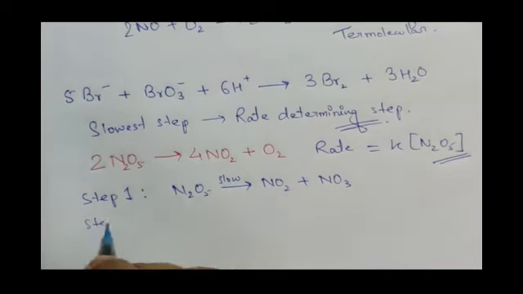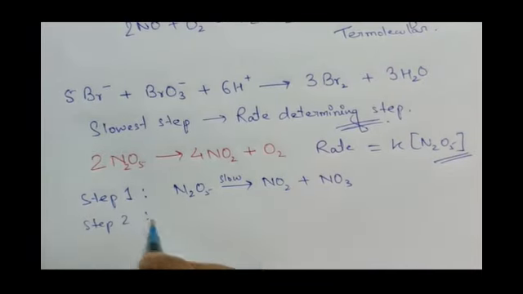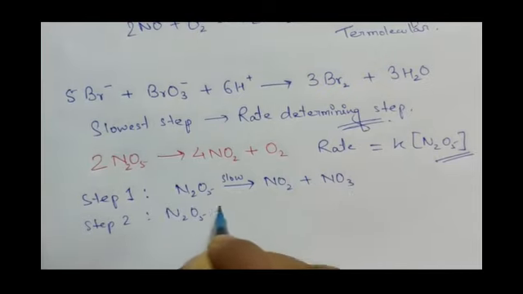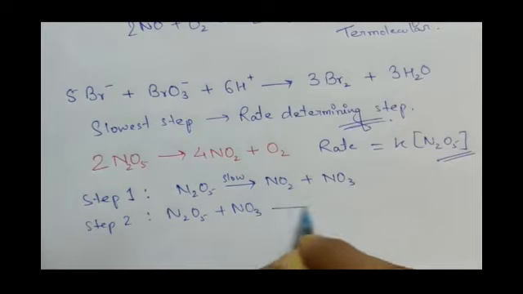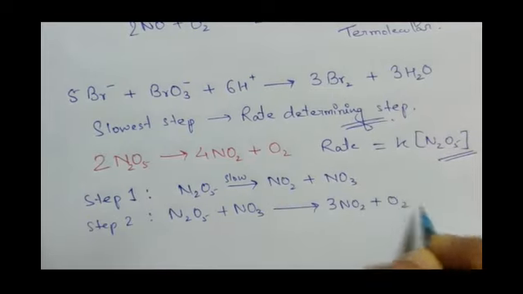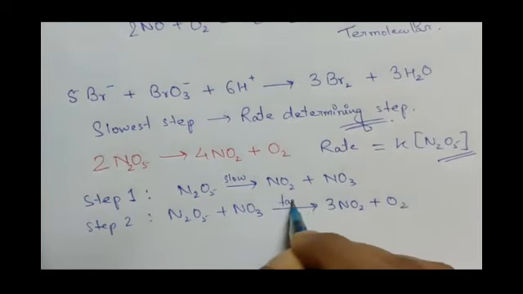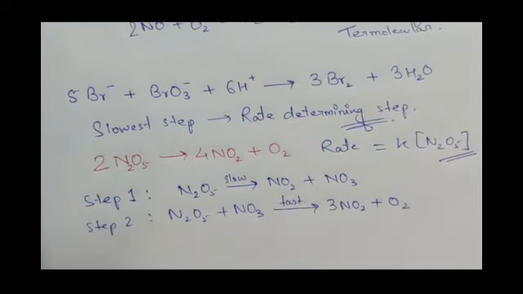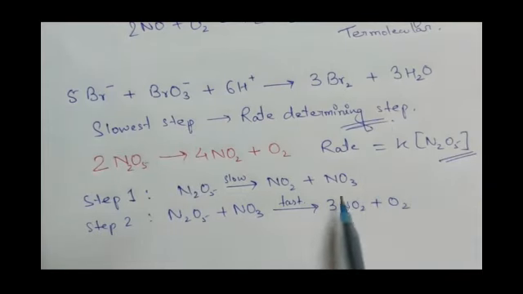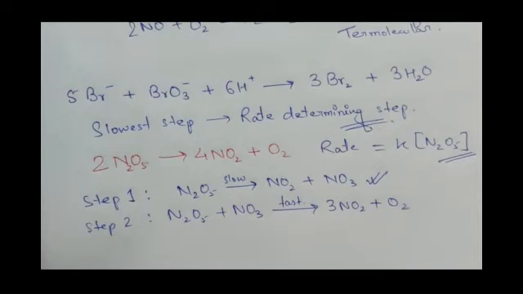And for the second step, here this N2O5 reacts with NO3, and then it forms 3NO2 and O2. So this is the fast step. So as I said, the slowest step is the rate determining step. So for this particular reaction, this is the rate determining step.